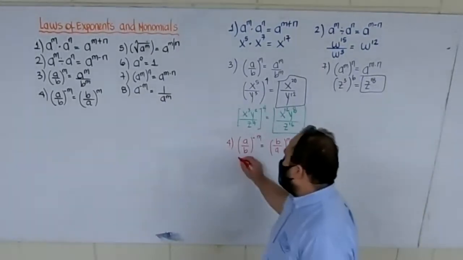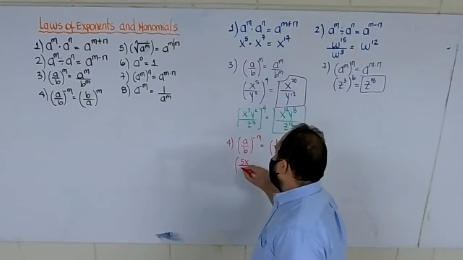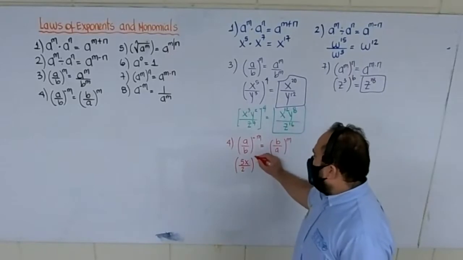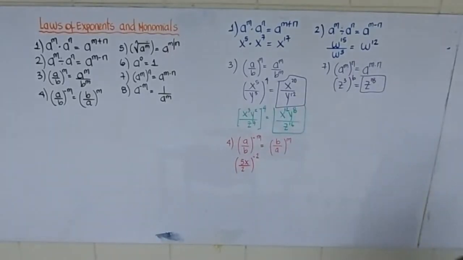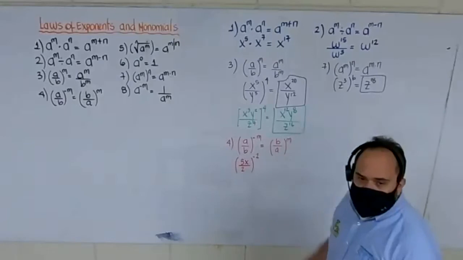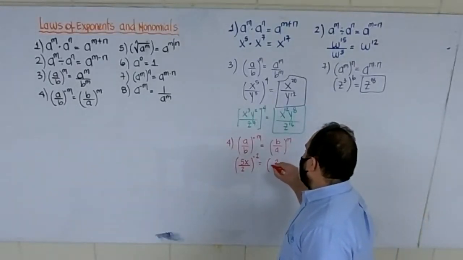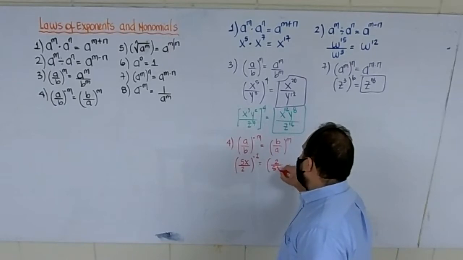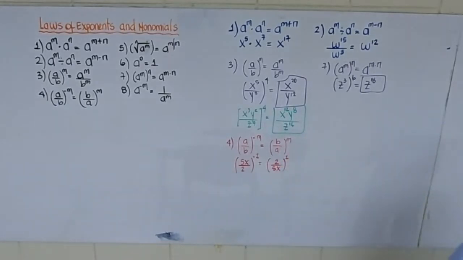So this is the main situation. For example, if I have x over 2 elevated to the negative 2 power, okay? If you really want to know the answer to this situation, first of all, we have to rewrite this fraction in opposite order. I mean, 2 over 5x elevated to the second power, right?